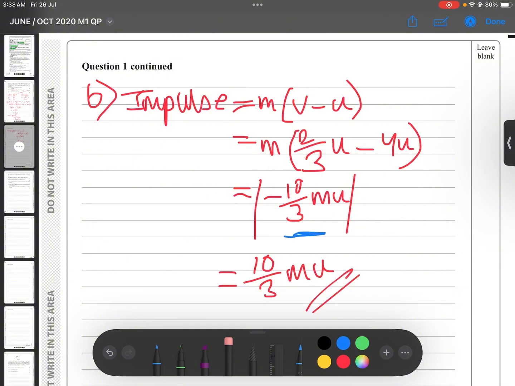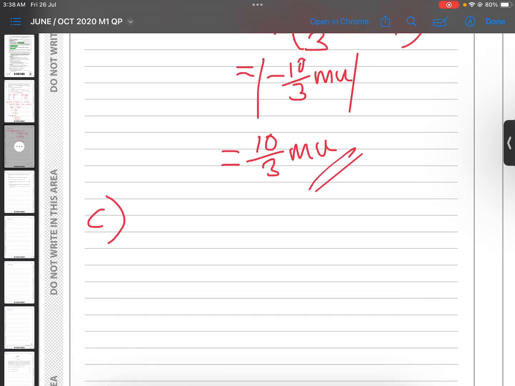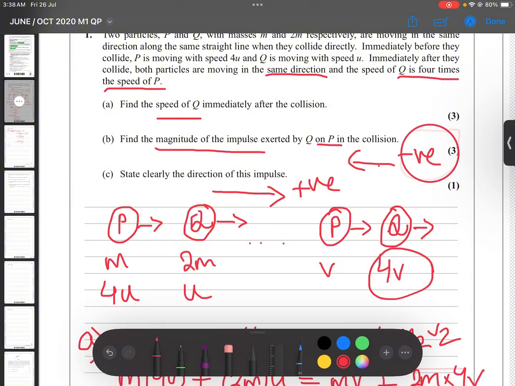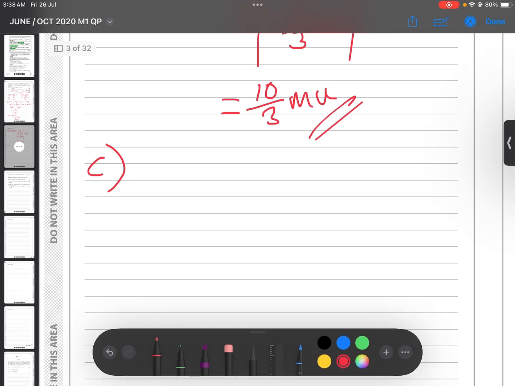So over here, as we get it negative, it means that it's not traveling to the right, but instead it's traveling in the opposite direction. That's why we got negative here. I hope you guys got it. So the answer for part C is just going to be opposite direction of motion.